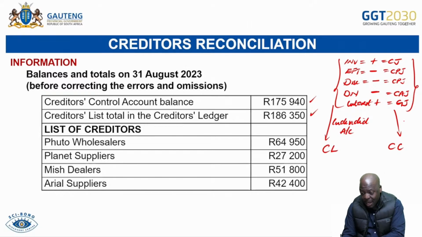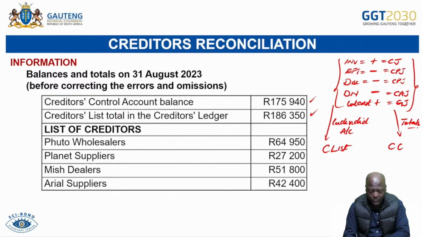But when we come here, we're dealing with totals. So these are your totals. The question then comes, should this balance in the creditors list, which is this one here, in the creditors ledger, be the same as the amount in the creditors control? Yes, they should be the same.